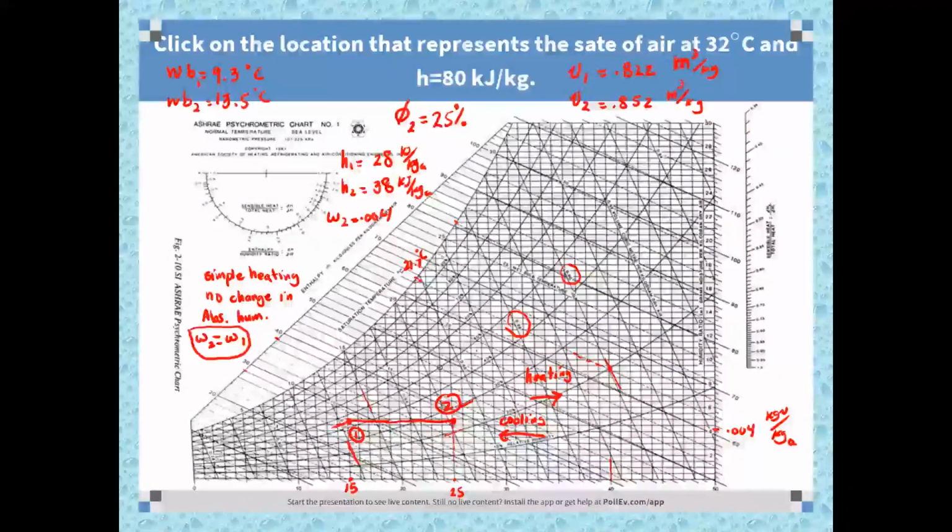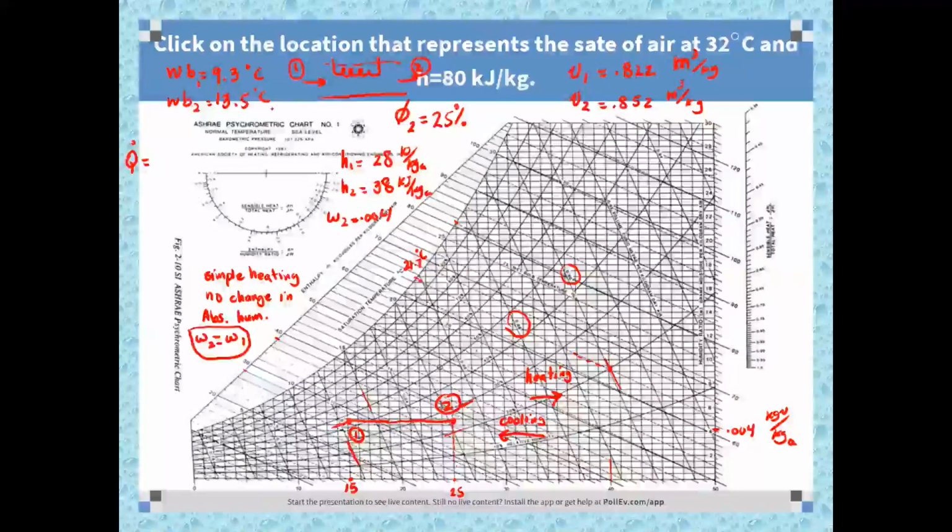I'm going to switch to EES, but we didn't calculate Q. Let's do that before I switch. The first law for this: you have a coil and your duct, air flows through the duct, state 1, state 2.